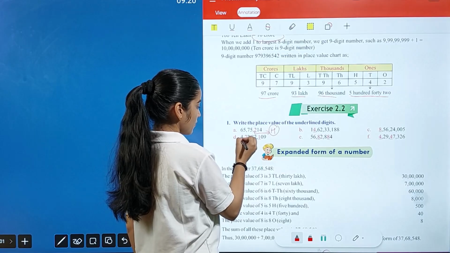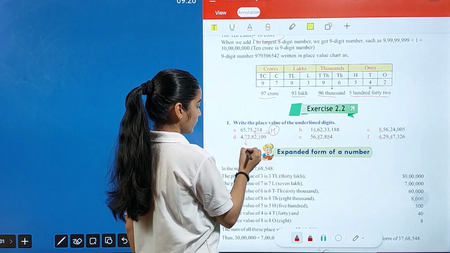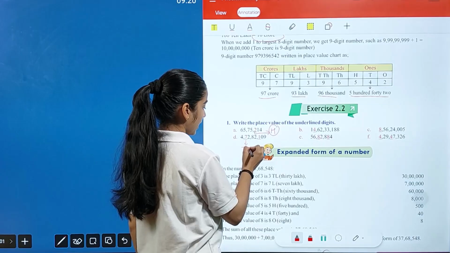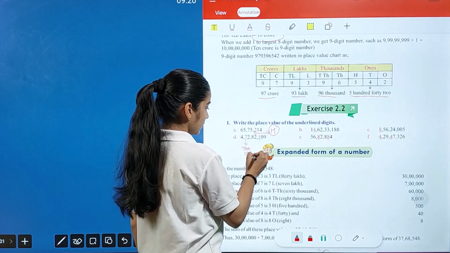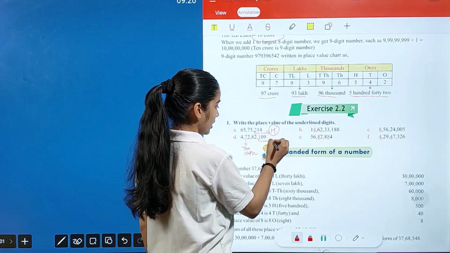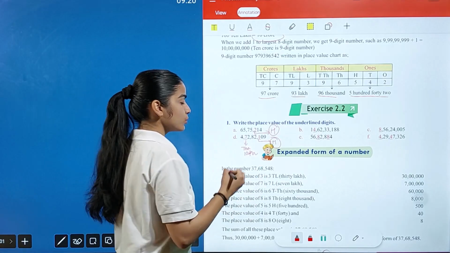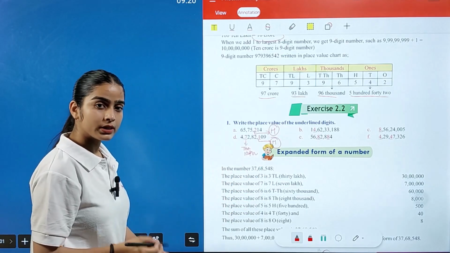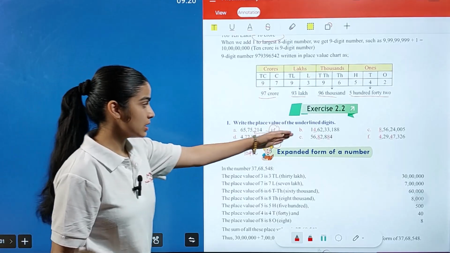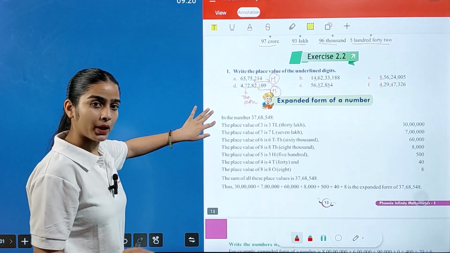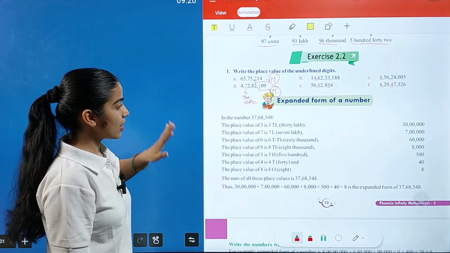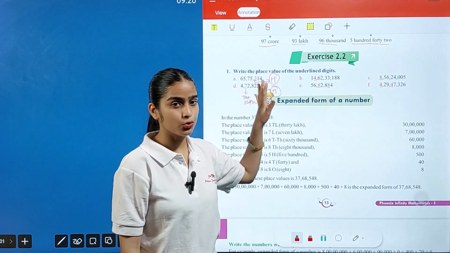So this is 4 crore 72 lakh, so 10 lakh, and this will be your 100. So you just have to read first these numbers and you already get your point of what is the place value of your particular number. So the same concept you have to repeat for the rest of the parts you have in question number 1.